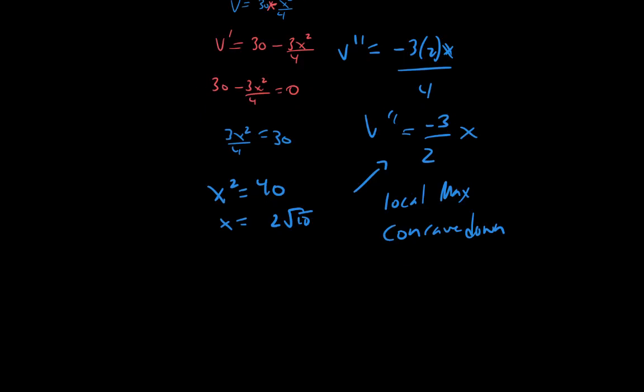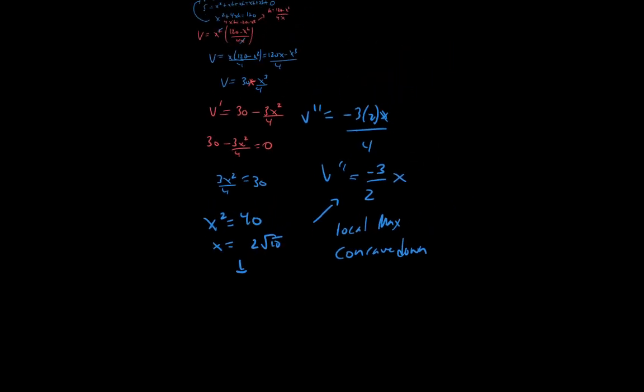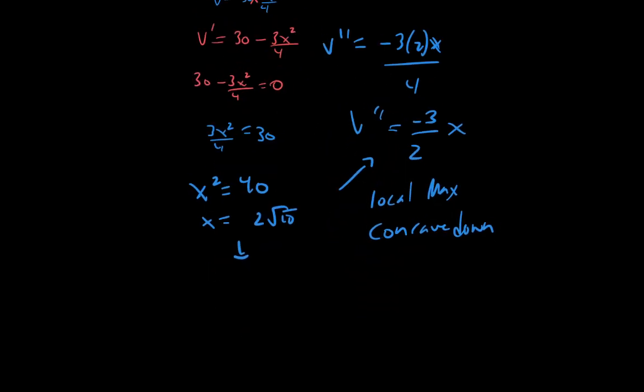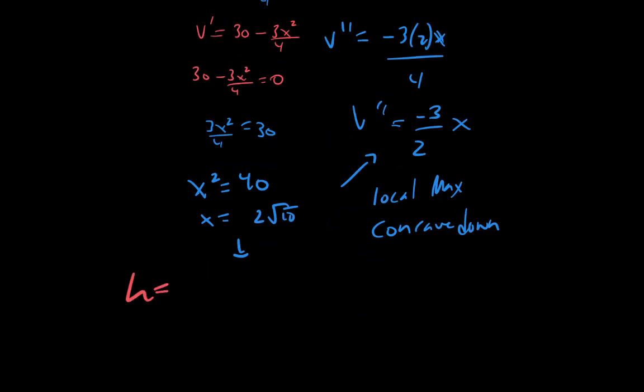Now what is the volume? Well, we have X is equal to 2 root 10. Our height, we said, H is equal to 120 minus X squared over 4X. Oops, 40 is the value when we plug it all in.